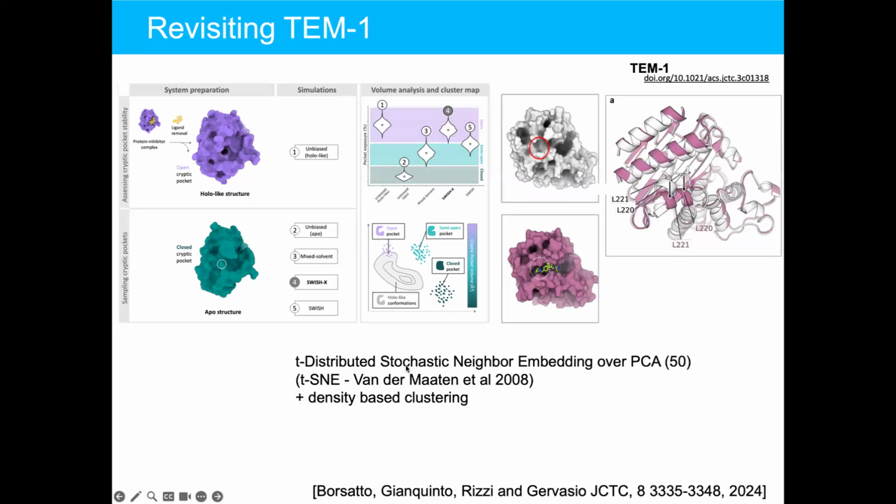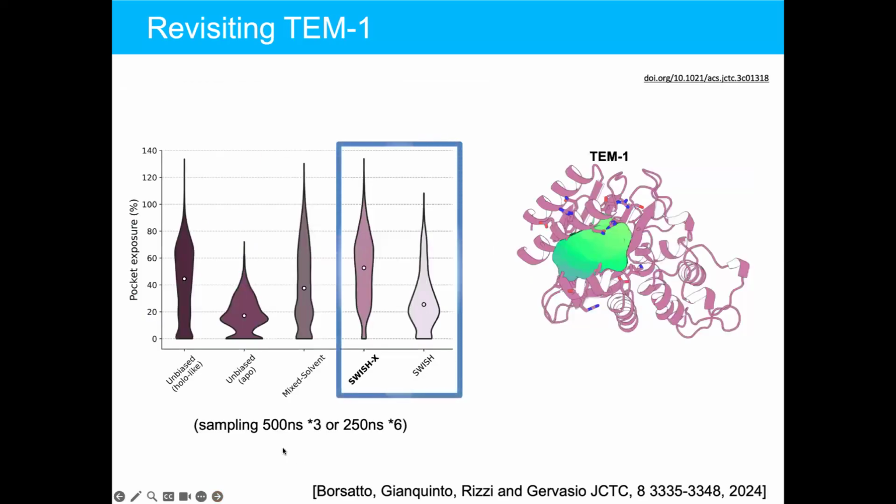Then we used t-distributed stochastic neighbor embedding to look at how these different minima were distributed, and density-based clustering to cluster all of them. In this way, we can see the different clusters, how they emerge from different methods. All this is now published in JCTC in 2024, if you're interested.